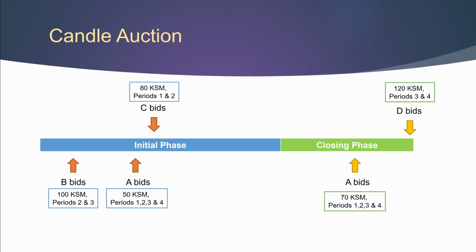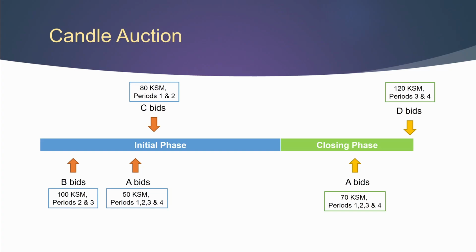So let's take a look at this scenario. We have A, B, and C doing bids within the initial period. And A, however, when the closing period starts, decides that it wants to up its ante, and it goes to 70 KSM for 1, 2, 3, and 4. So it increases its bid by 20 KSM.